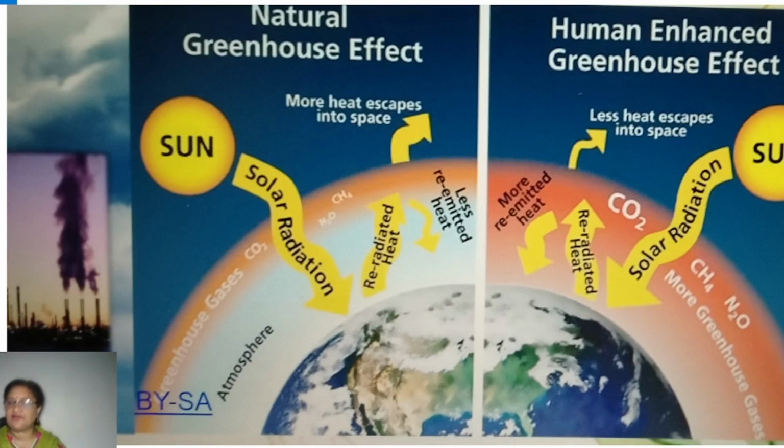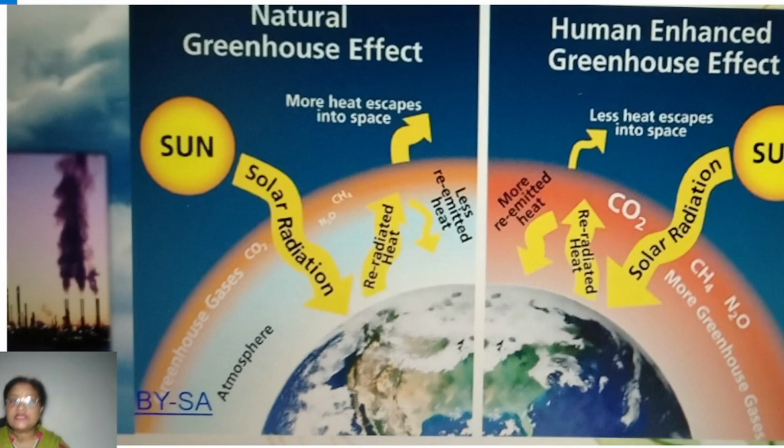One of the big factors for that is deforestation also. Because of cutting down forested areas, there is a constant increase in the carbon dioxide in the atmosphere. So these are greenhouse gases, and these are getting increased day by day in the atmosphere. So what is the result of it? It results in the greenhouse effect, right?